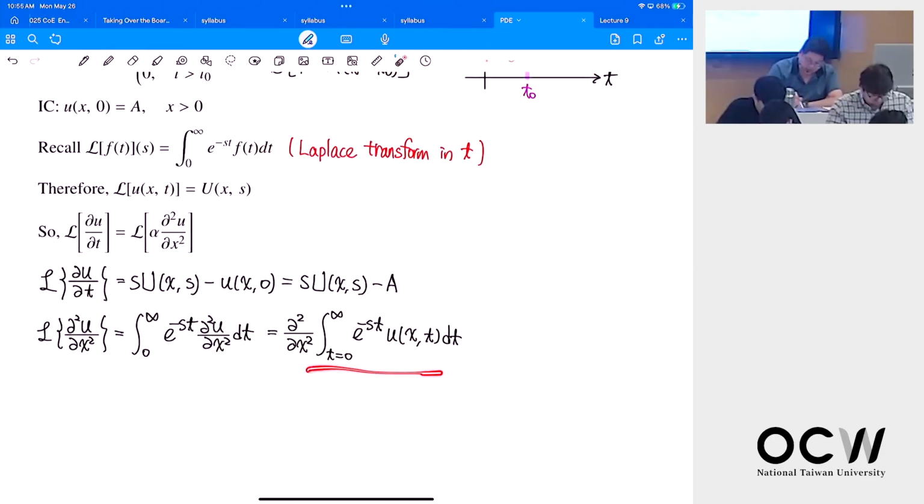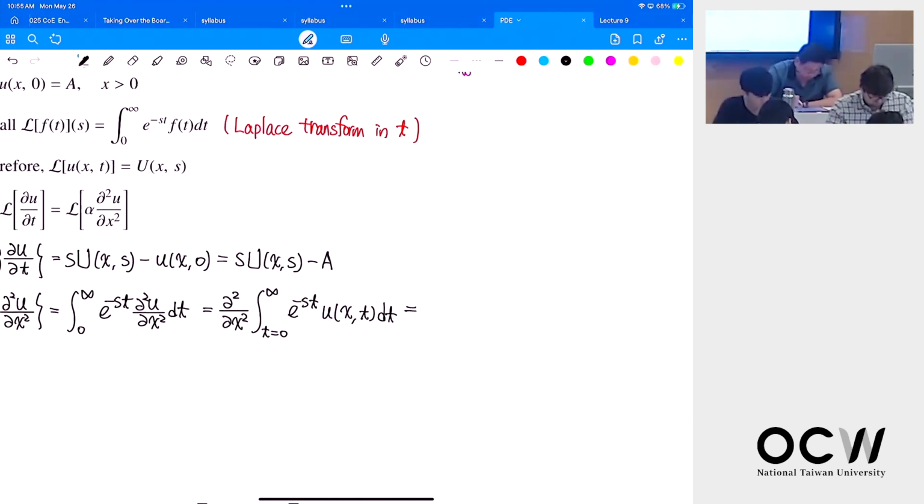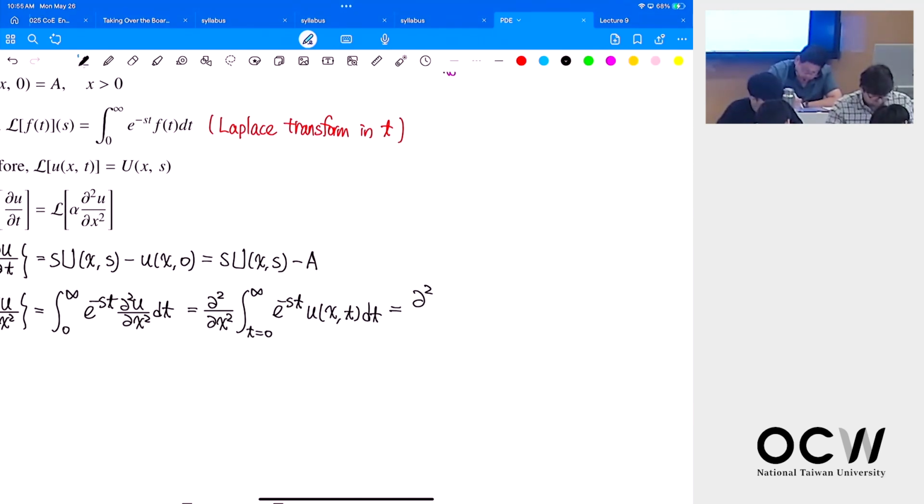So what is this? The Laplace transform. So it's partial squared over partial x squared of U of x, s.